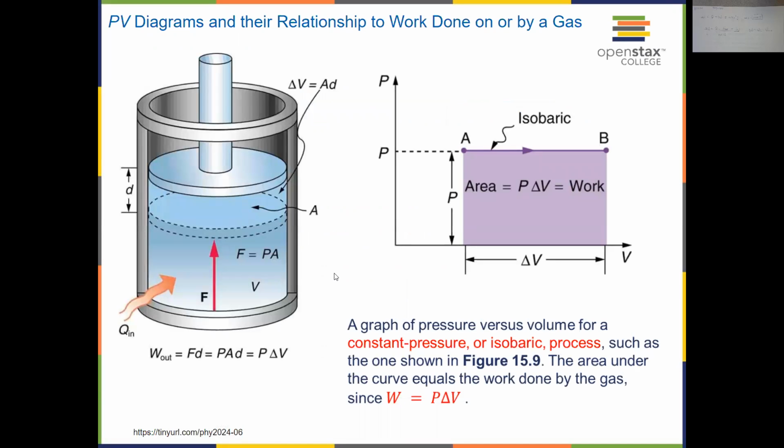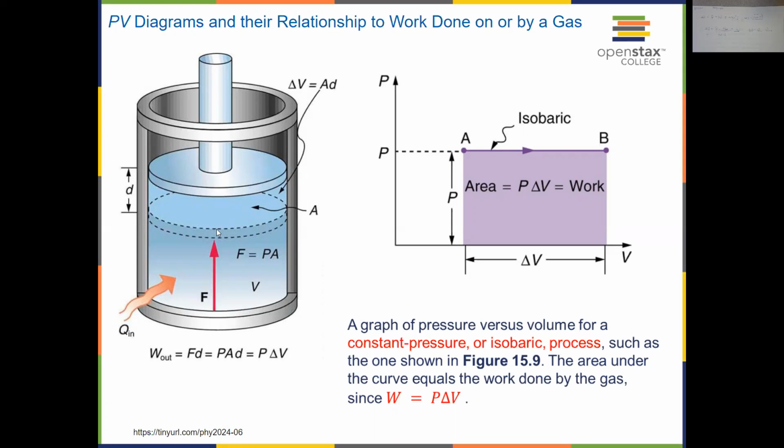The first one we are going to focus on is the constant pressure process. For example, if you have a gas system in this piston over here, we are assuming that this piston can move up and down without friction with the wall. The pressure inside the gas is constant, right?